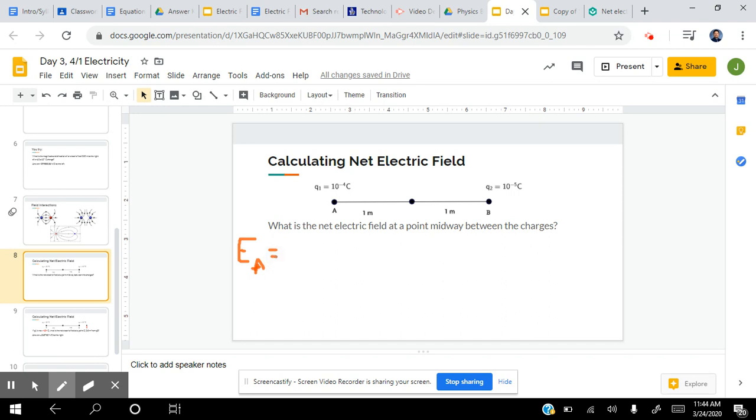And we're going to use that equation, E is equal to KQ divided by R squared. Okay, so we have that K constant. And I'll continue to write this over here just so that we don't lose track of what that K value is.